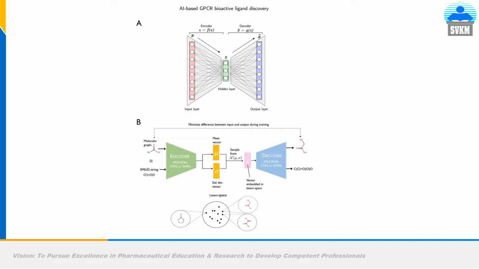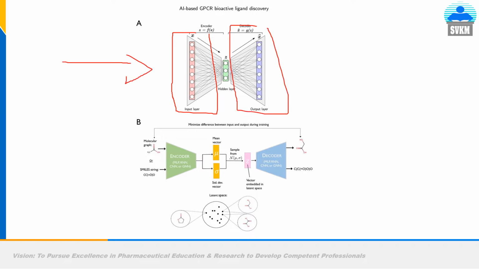So here you are seeing a simple autoencoder. This is the input layer, this is the output layer. For example, you have given the image of a cat to this encoder. The encoder will encode the image into a latent vector. It means it will take only those features from the image which are required as the identity of the particular input.